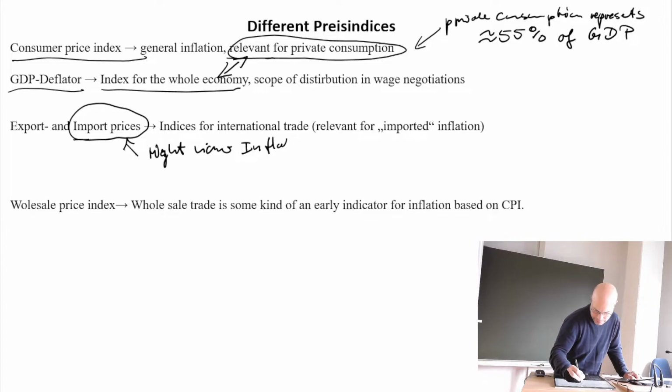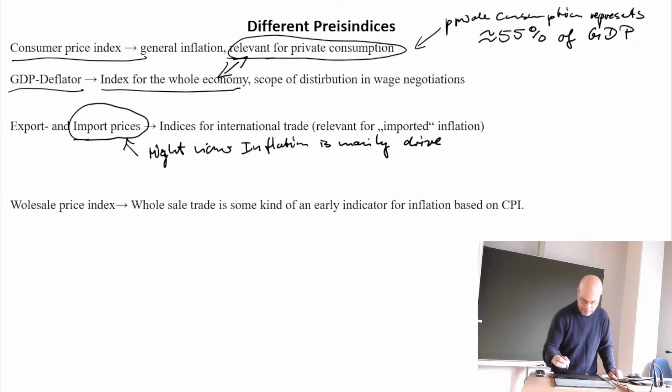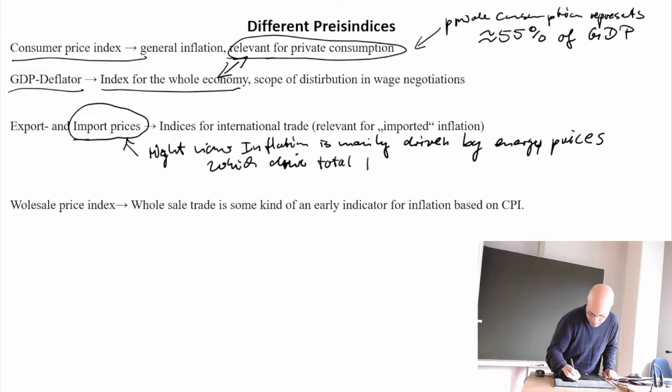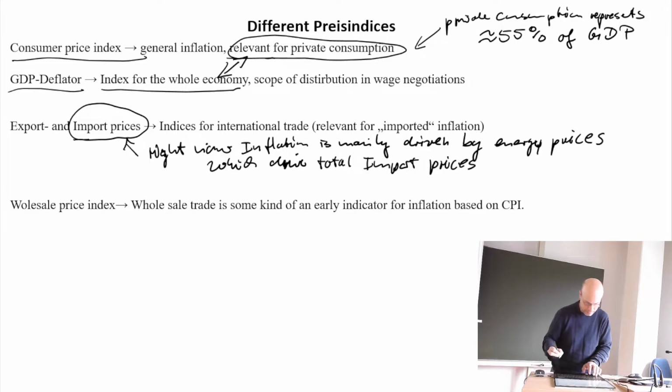So right now inflation is mainly driven by energy prices, which drive total import prices.